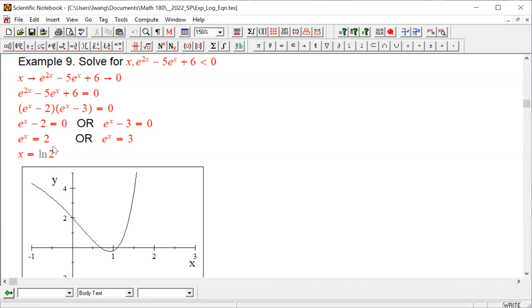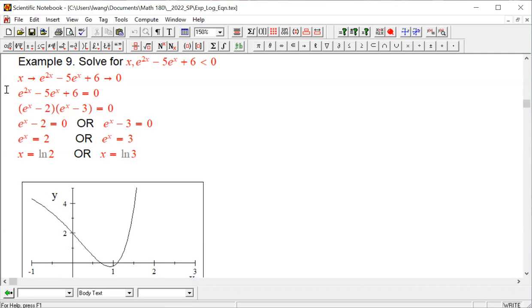As a result, we got x equals natural log 3, right?